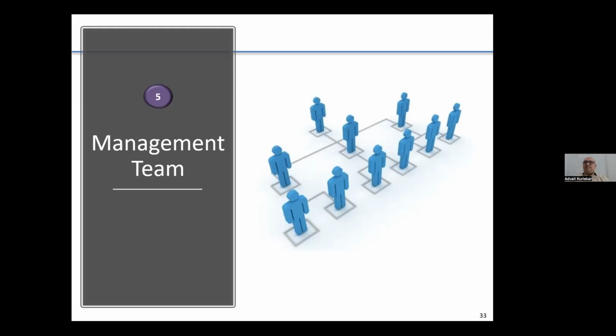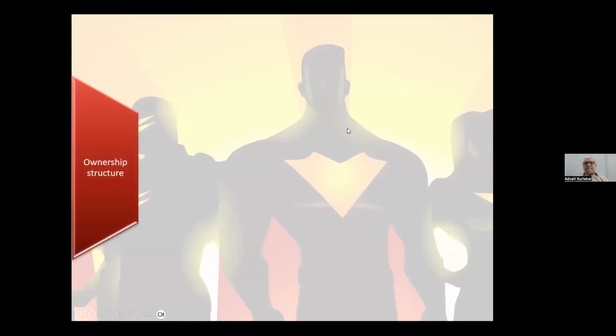And therefore, the management team is very, very critical. Having a very credible team, a very well-balanced team, a team with complementary skill sets is absolutely important, and you need to put that as part of your business plan.